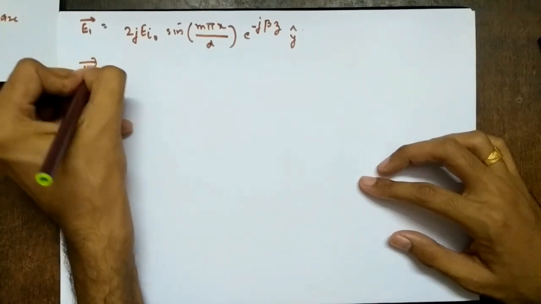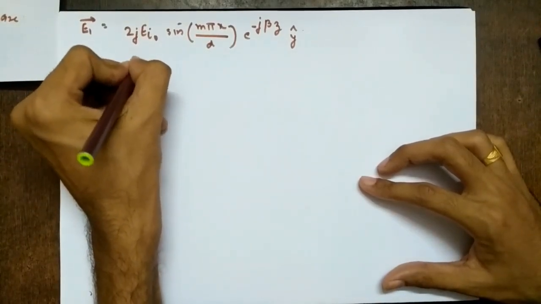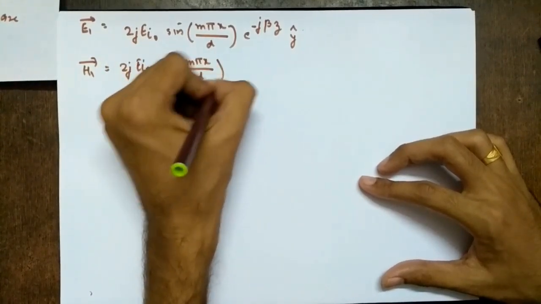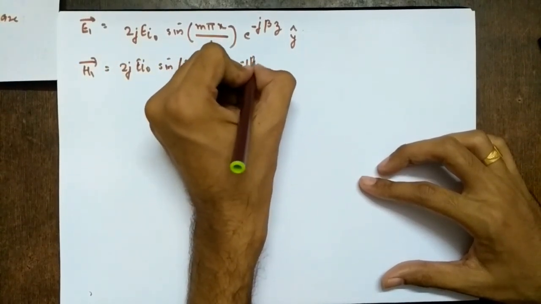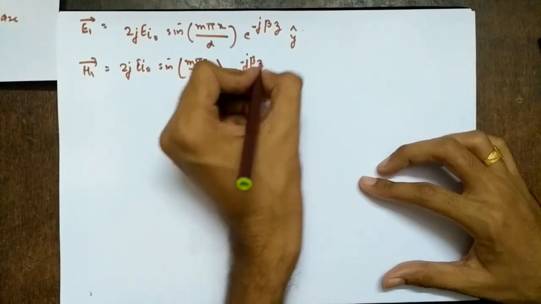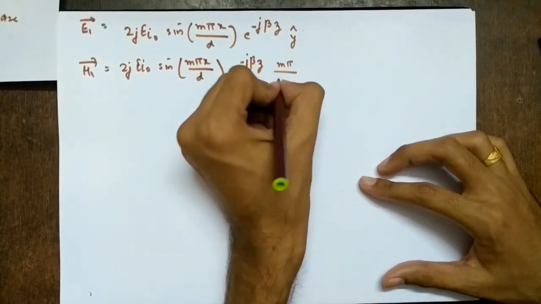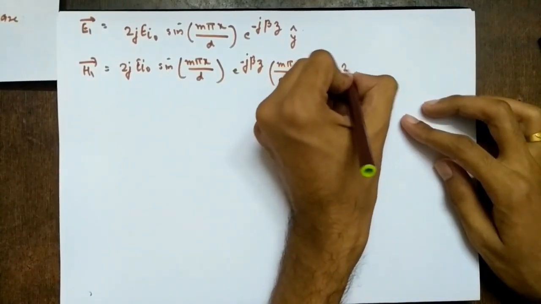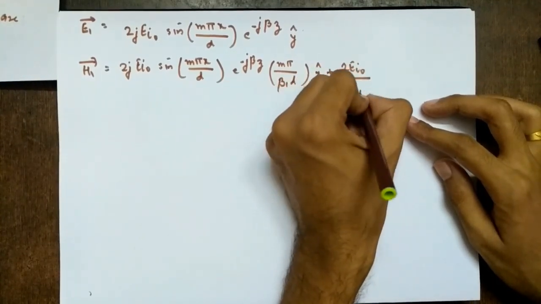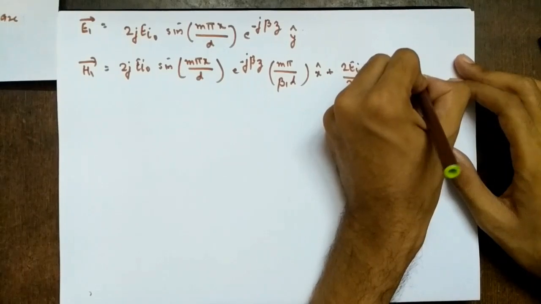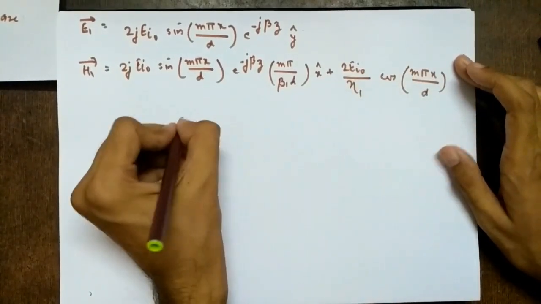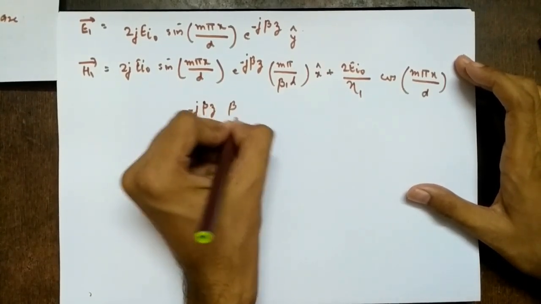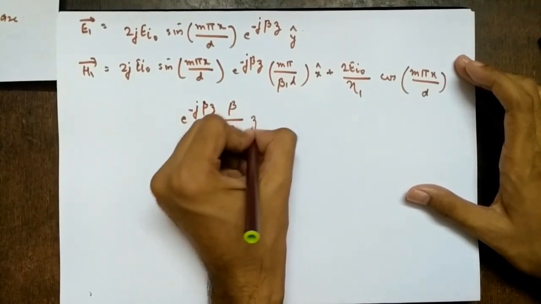Similarly, we'll write H1 vector. You have two components, so 2j E10 upon eta 1 sine of m pi x by d e raised to minus j beta z m pi by beta 1 d x cap plus 2 E10 upon eta 1 cos of m pi x by d e raised to minus j beta z beta upon beta 1 z cap.